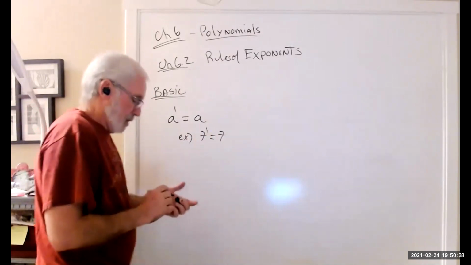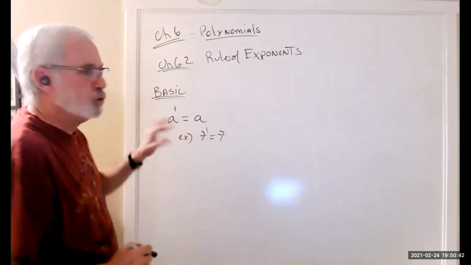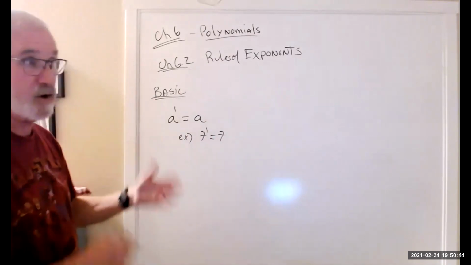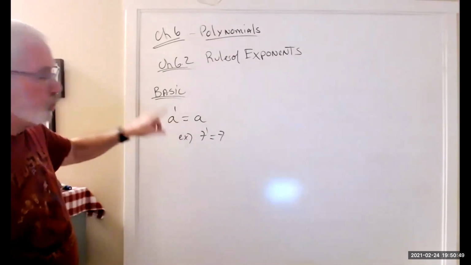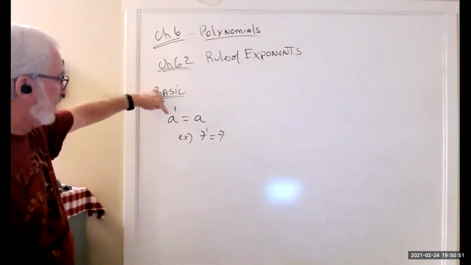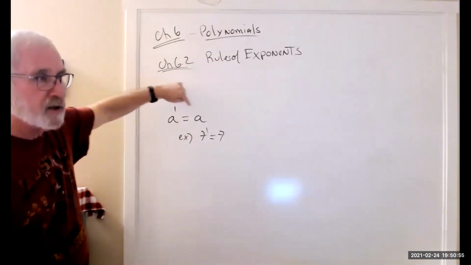Okay. This is called a bi-directional rule. As a matter of fact, all of our rules in math are bidirectional, which means usually you see it A to the 1st equals A, but it could go the other way.